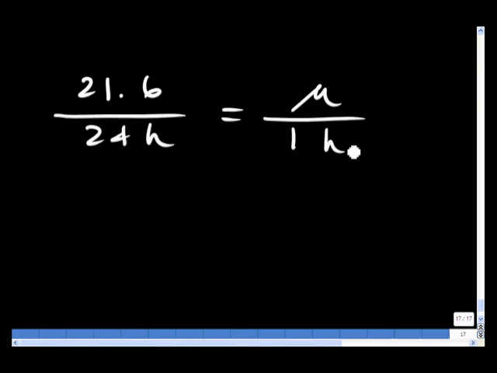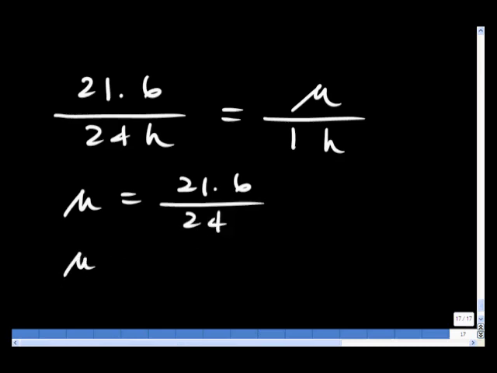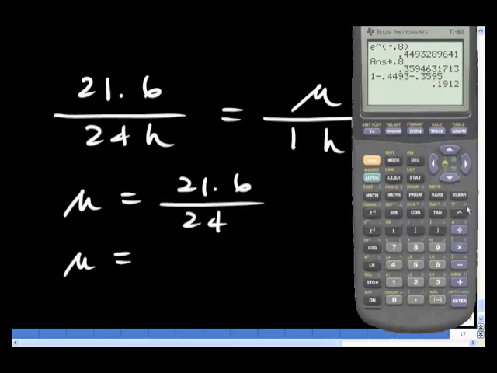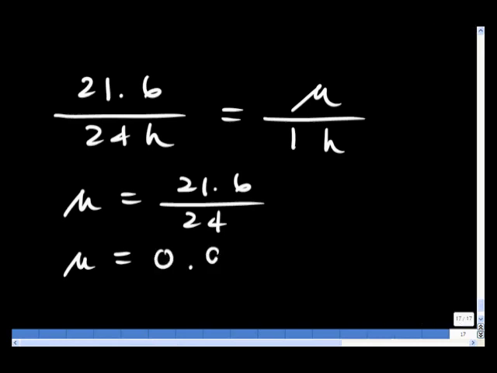Now, any value divided by 1 is itself, so that mu is going to be 21.6 over 24, or we really say mu is going to be the value of 0.9. There are going to be 0.9 calls per hour.